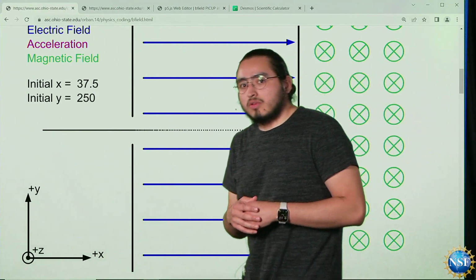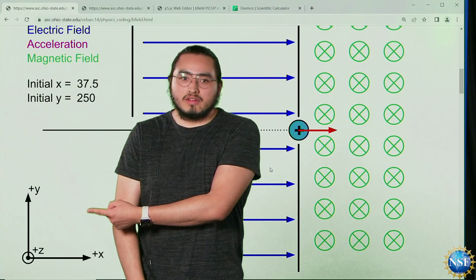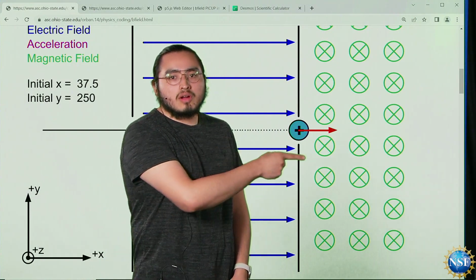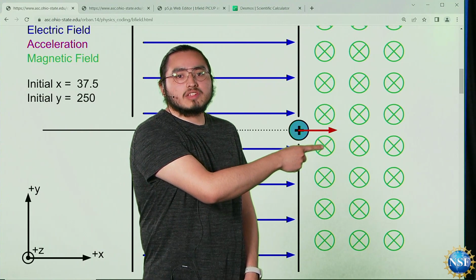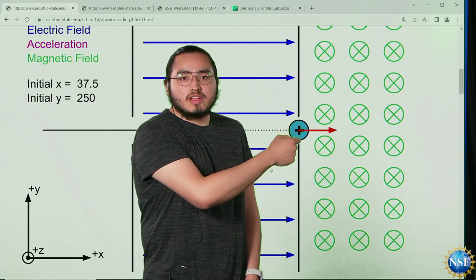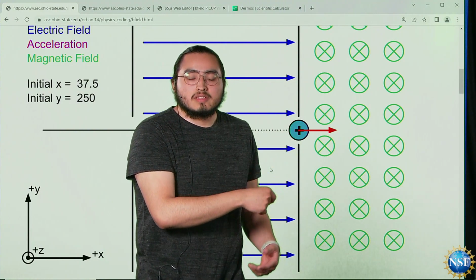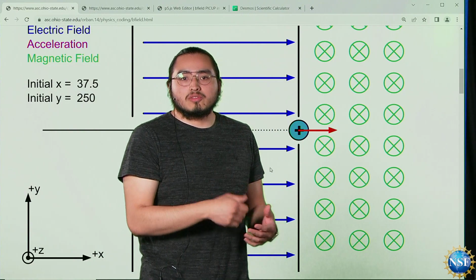Looking at our plot, we have our coordinate system defined here. We know our particle is moving in the positive x direction. Our magnetic field is in the negative z direction, so there's a negative sign in front of our variable B, and we know the charge of the particle is positive.